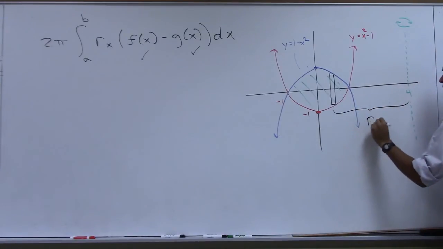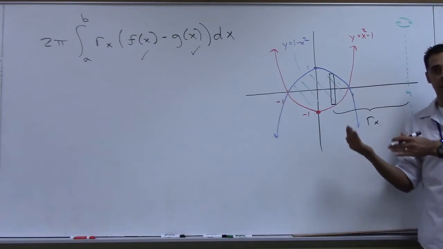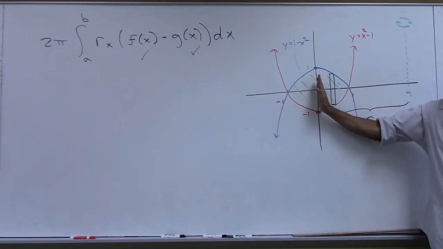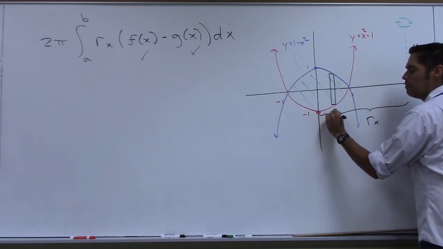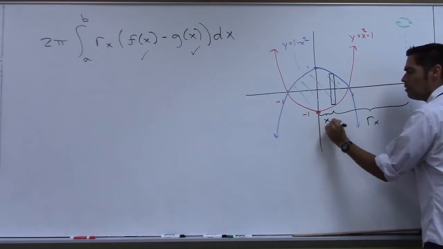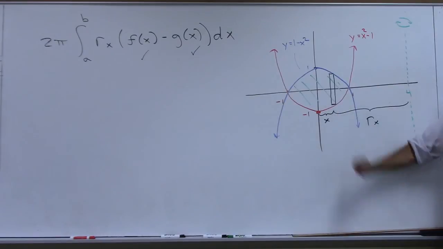This is r of x. The one thing we do know is the distance from the origin to the rectangle, which will always be x.